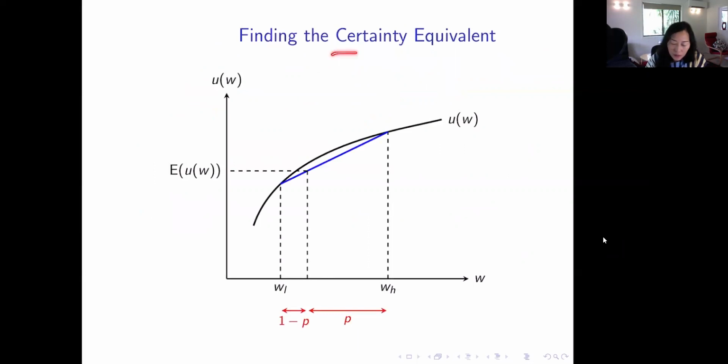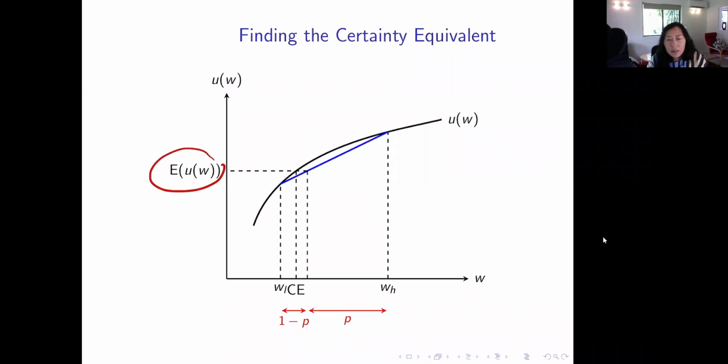Okay, we start with the concave utility function. Very familiar with this diagram. Then, as you can see, right? So that is the amount of expected utility value.